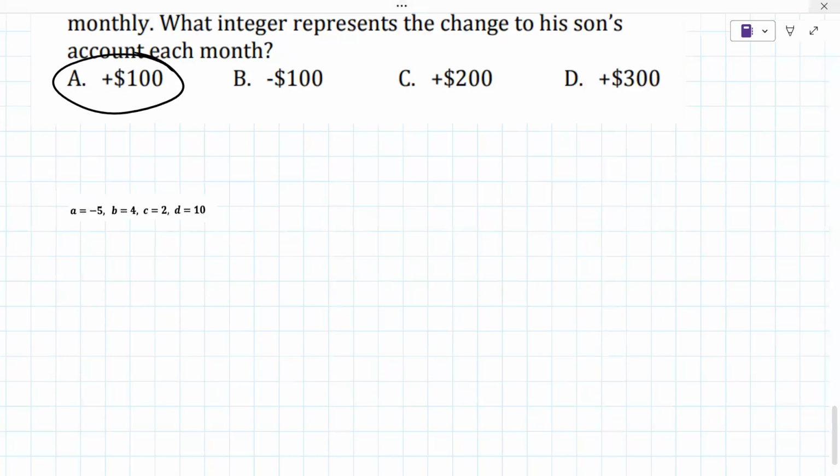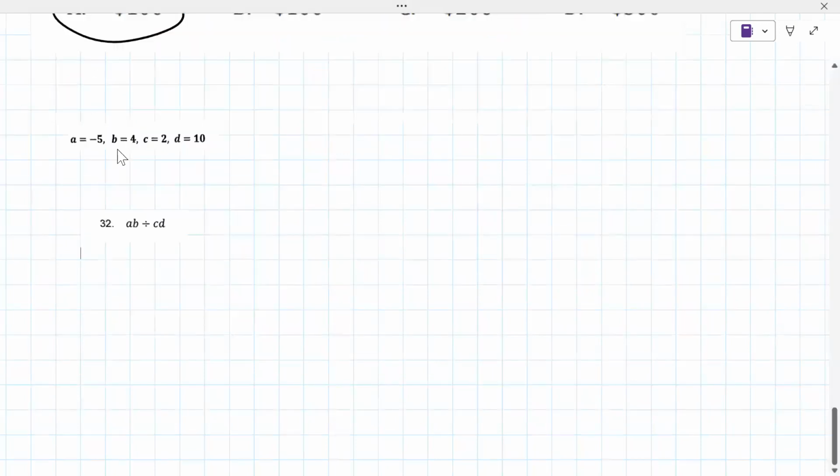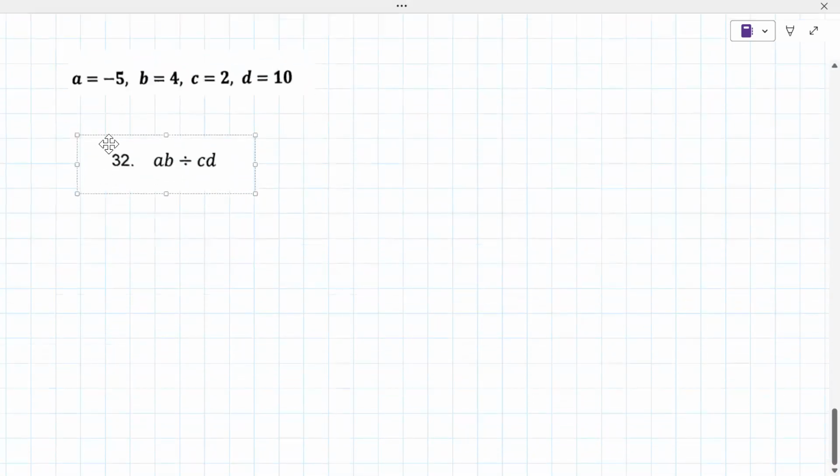Could you try simplifying this for us, please?